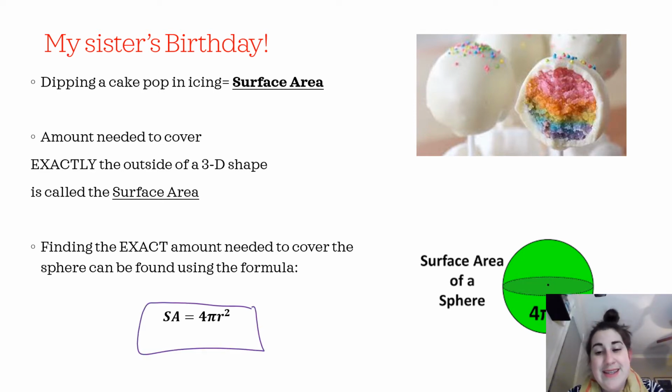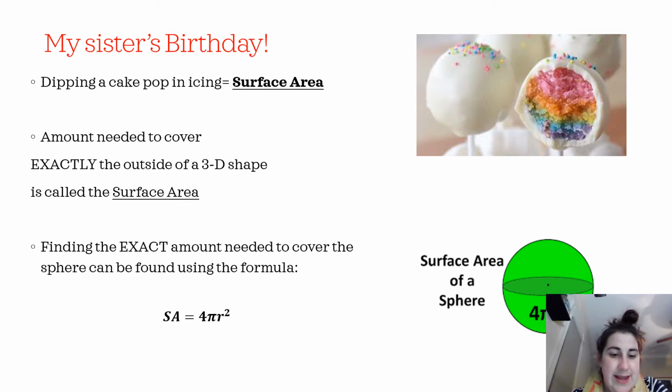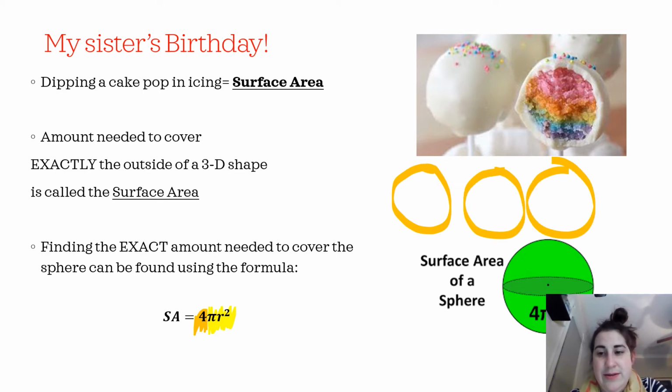If you notice, this part here is the formula for the area of a circle, and for the surface area, all we're doing is multiplying it by 4. So the surface area of a sphere is just the area of 4 circles.